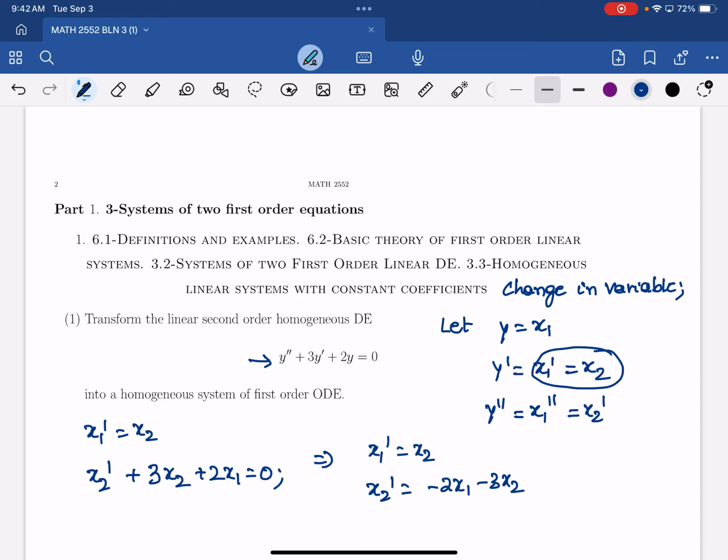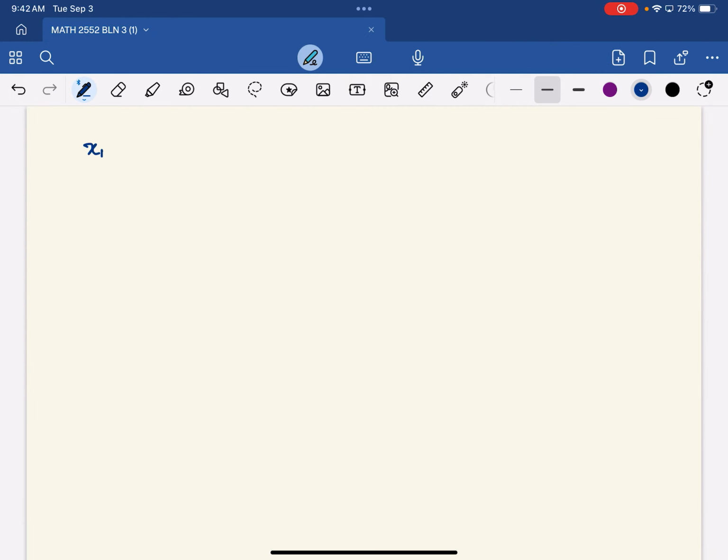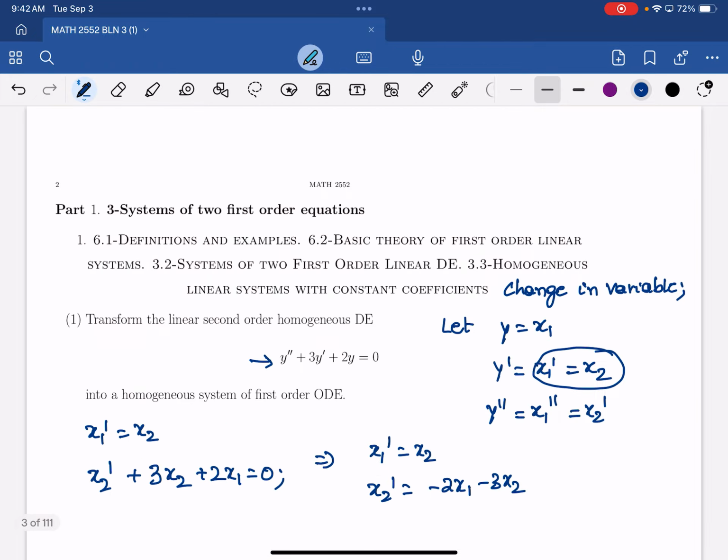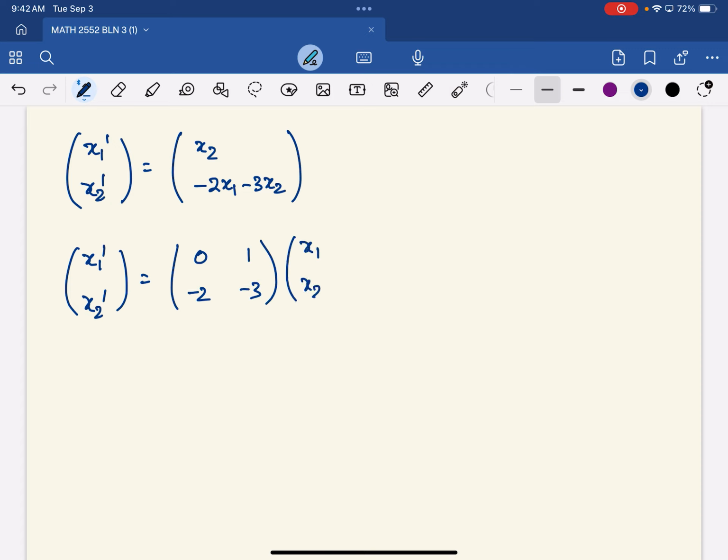Is that clear? So then if you're okay with it, I could rewrite this as x1 prime, x2 prime equals x2 and the other one being negative 2x1, negative 3x2. I can write this using x1 prime, x2 prime equals the matrix 0, 1, negative 2, negative 3 times x1, x2.